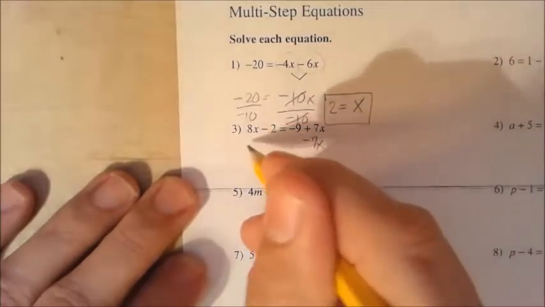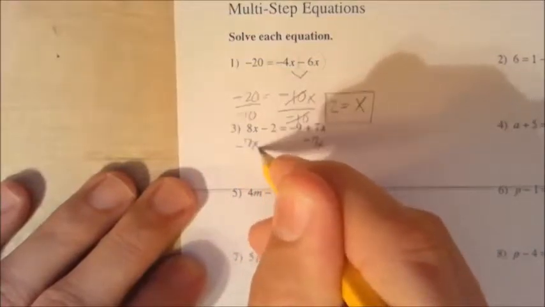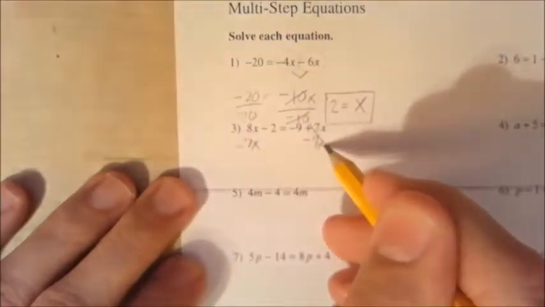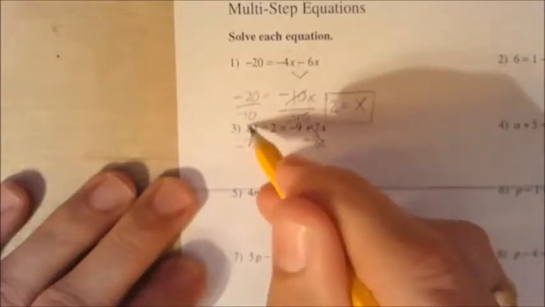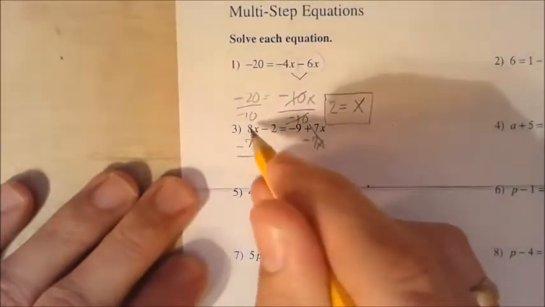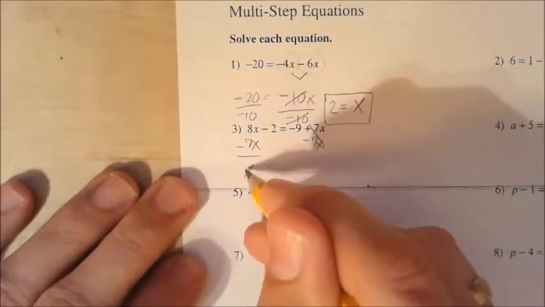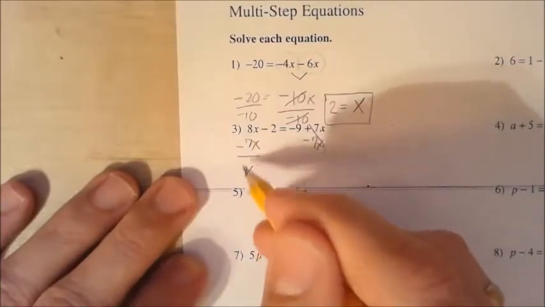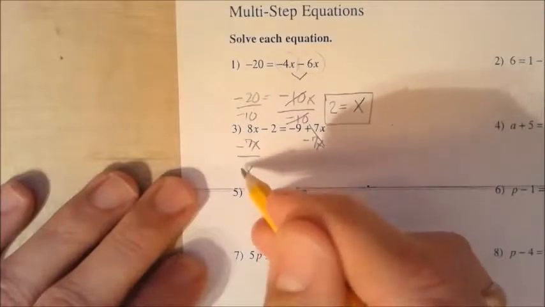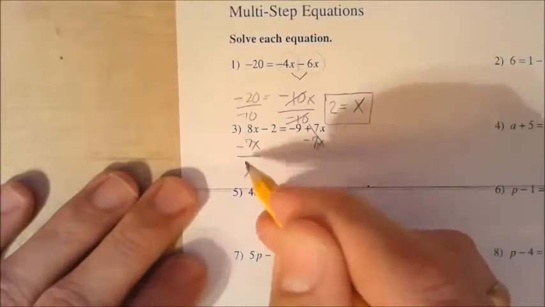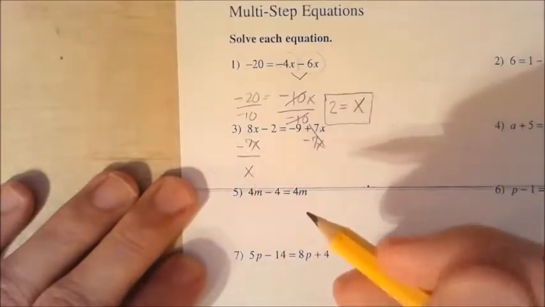Negative 7x. Negative 7x. Now that's going to get rid of this. This is now going to be 0, and this right here, if I add that, that's going to combine those two terms, right? Put them together, that's going to give me a positive 1x. And I don't have to write the 1 in front. If I have 1x, we understand that there's an implied 1 in front, and this just means 1x.